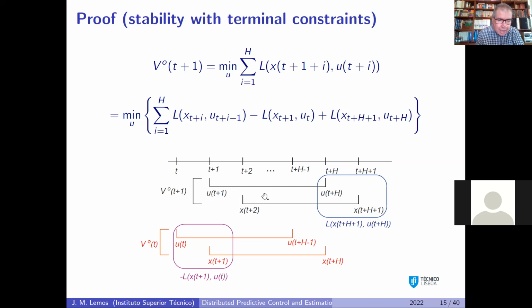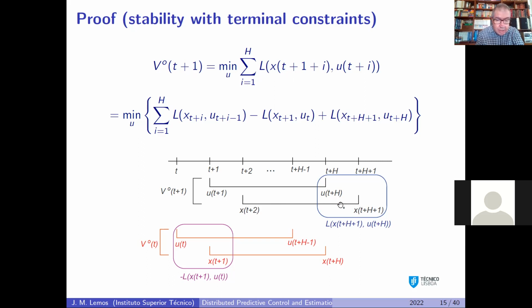Look at the diagram. So please try to look at what we have here in the second line and the diagrams. So V0 of t plus 1, look, i goes from 1 to H, so x goes from t plus 2 up to t plus H plus 1, okay?